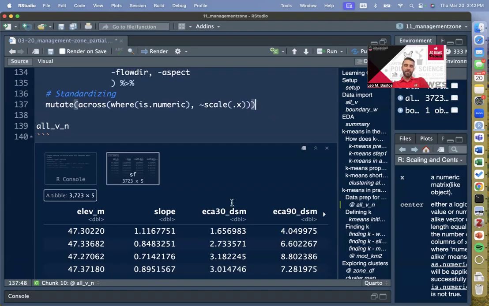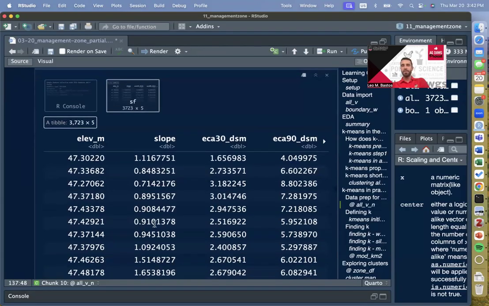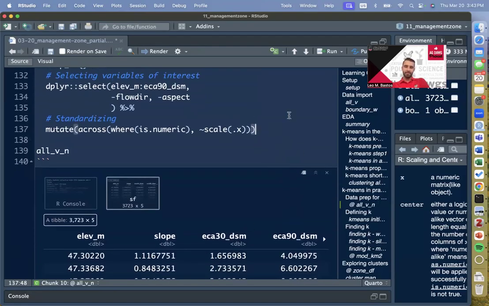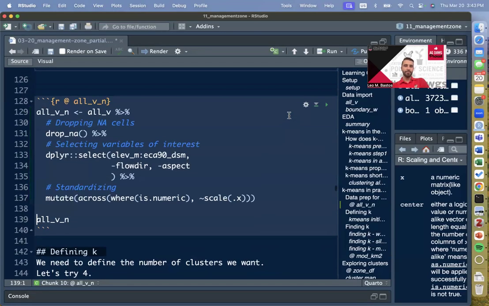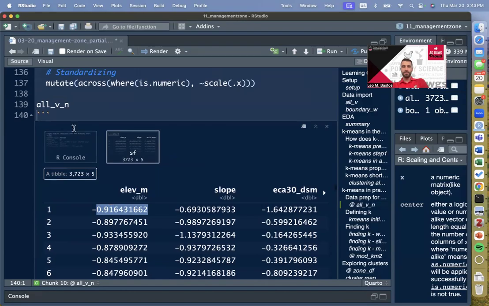So before we run it, notice that right now elevation, slope, ECa deep and shallow, they are all in their own units, right? So meter for elevation, degree for slope, and then decisiemens per meter for EC columns. Once we run this, and you can go ahead and run it, now their values changed. They changed to be scaled. So now they are centered around 0 with a standard deviation of 1.